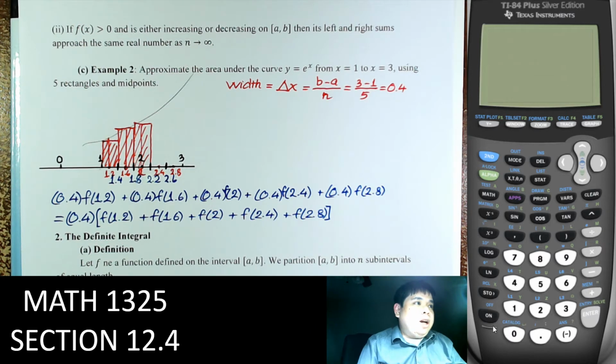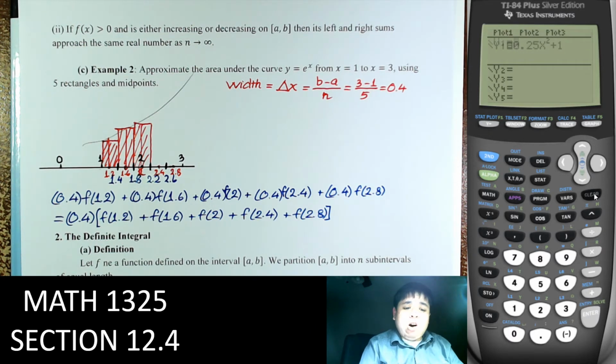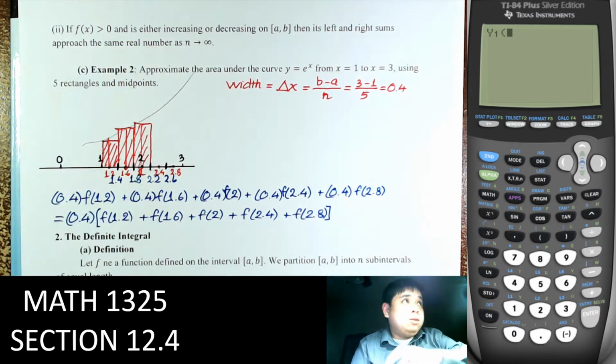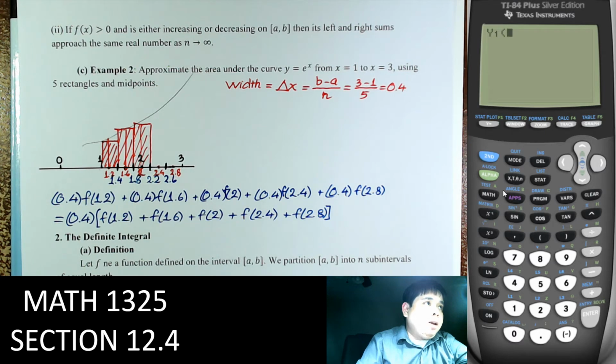Now we just use the calculator. First, we enter the function e to the x as y1. Now we evaluate at those values: second, parentheses to get the curly bracket, 1.2, comma, 1.6, comma, 2, comma, 2.4, comma, 2.8.